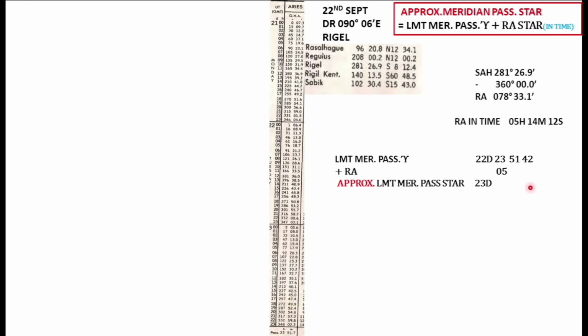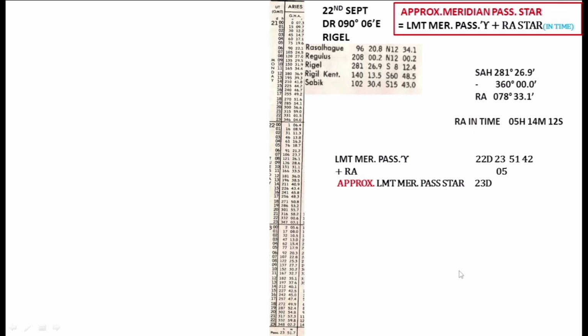Of course, you will be doing the full thing here, because I know that the dates are changing, so I just made a shortcut here. I use the LMT 22nd, what has been given to me here. The Meridian passage time 2351.7 plus RA, and I see that my LMT date has changed to 23rd.